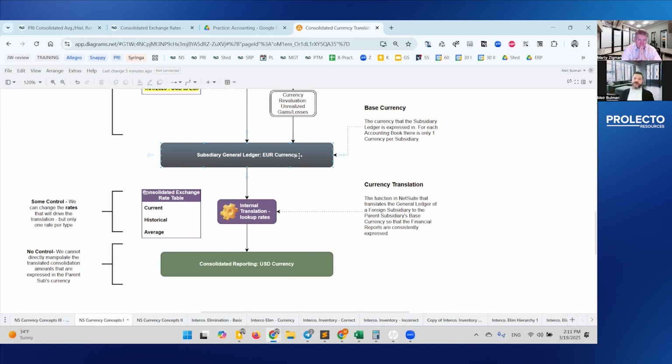I can be a euro subsidiary and I still may have a USD vendor or customer. We're not talking about converting or revaluing transactions in other currencies. Even if we're just staying in my local currency and I have no revaluation needs, you still need to convert this entire ledger into the USD parent currency. This is for reporting concerns.